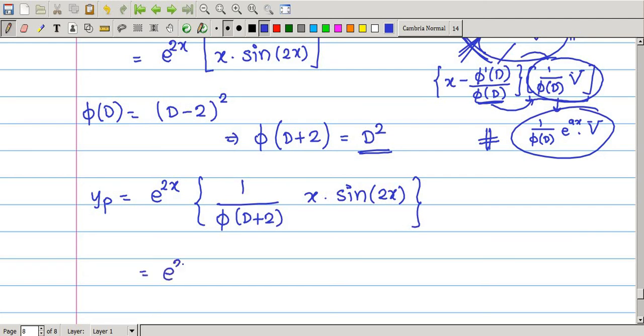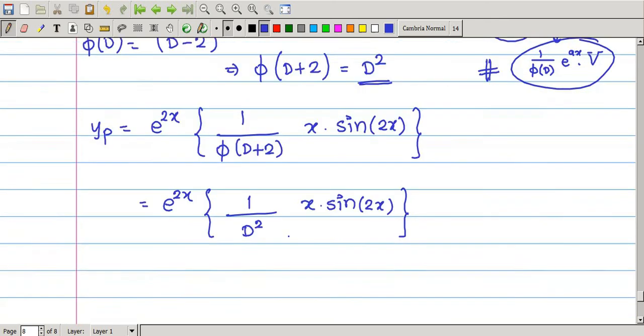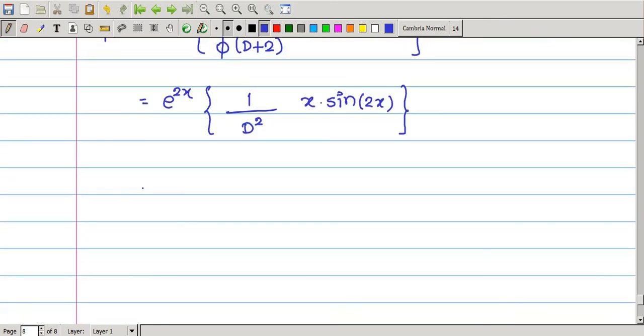So here e raised to 2x into 1 upon D square, x into sine 2x. 1 upon D square means we have to take the double integration. So it is equal to e raised to 2x.